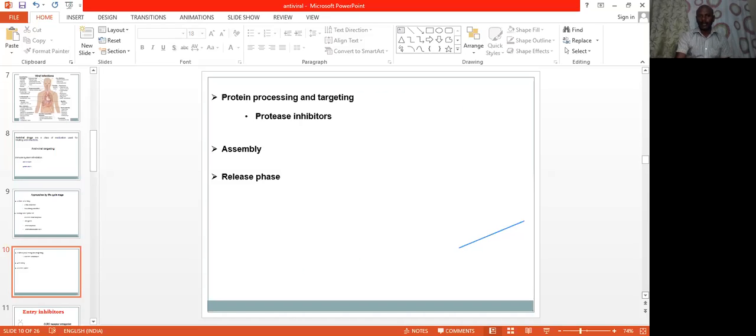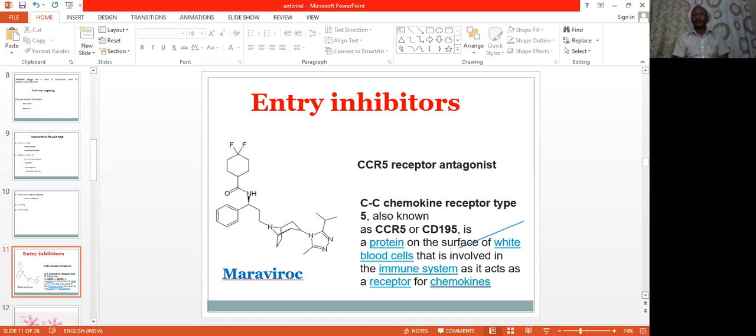So coming to the drugs, the first one is entry inhibitors. This is not in the syllabus, so you don't have to take it down. This is the only drug now available as an entry inhibitor.